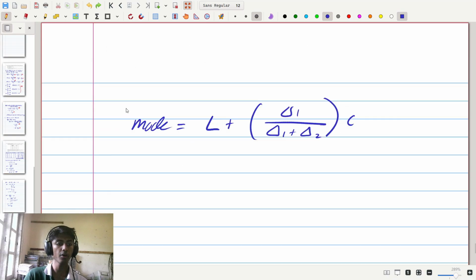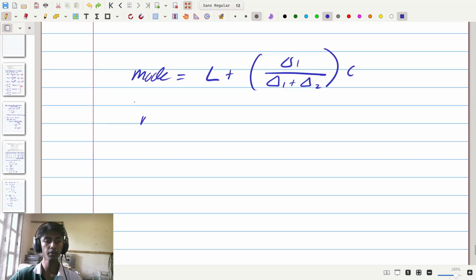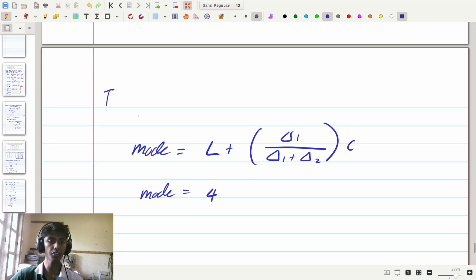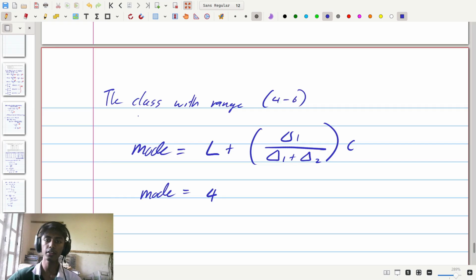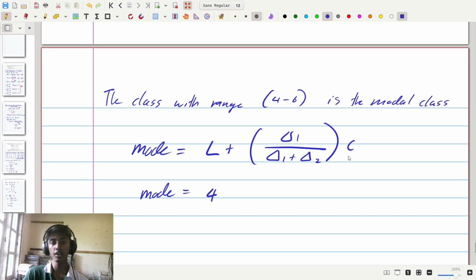So going down, we can substitute into here mode equals, and instead of L, we can put 4. And we can also say the class with range of 4 to 6 is the modal class. Now going back up, we need to find delta 1, delta 2 and C.